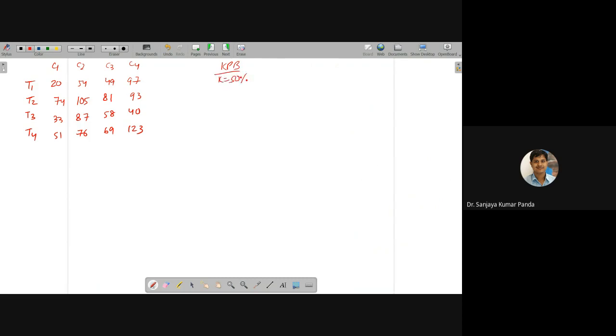If k is equal to 100 divided by m, with m equal to 4 machines here, that means 25%. Then you have to choose the minimum machine: for T1 you choose 20, that is C1; for T2 again C1, for T3 also C1, and for T4 also C1.